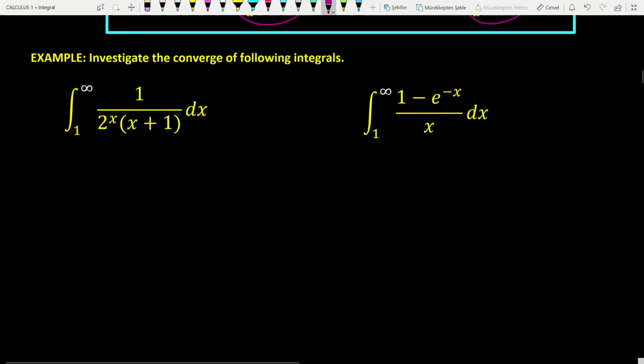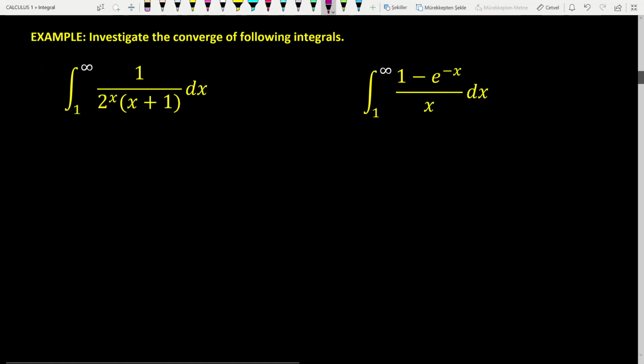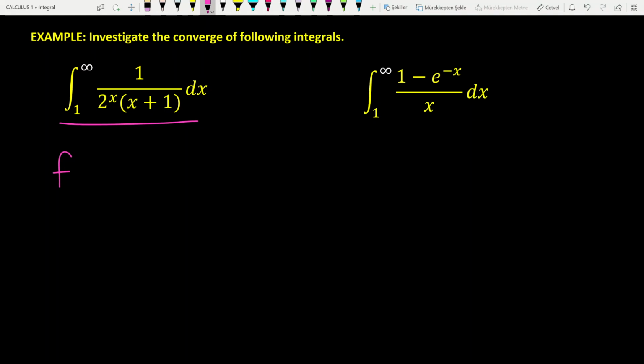Investigate the convergence of the following integrals. We see that they are type 1 improper integrals. Let's first write the function f. We now solve the first question. f of x is equal to the integrand, 1 over 2 to the power x times (x plus 1). This is f. So we have to choose a g function.